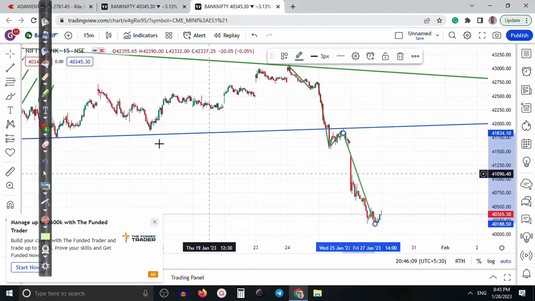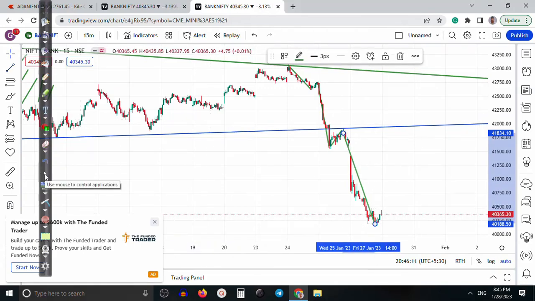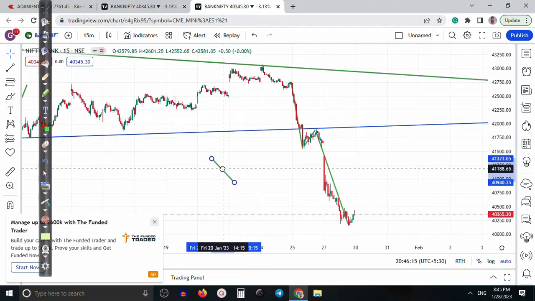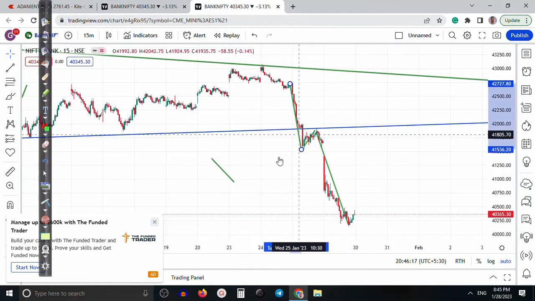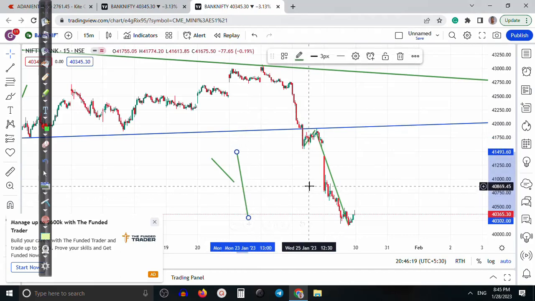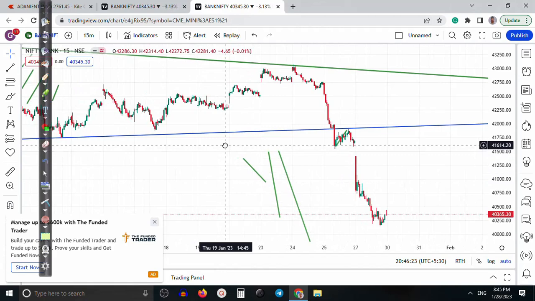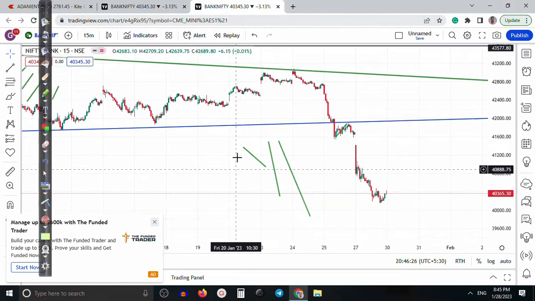So let me use all of them now. See, first run, this one, the second run, this one, and the third run, this one. So now you can see three waves, as I said.